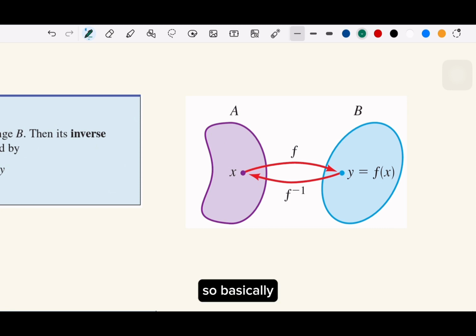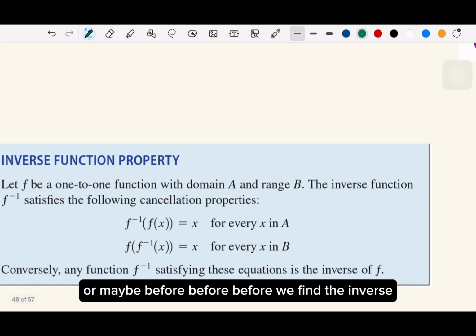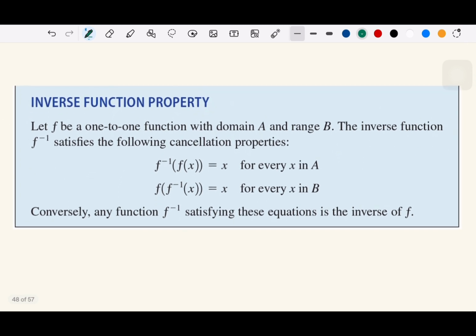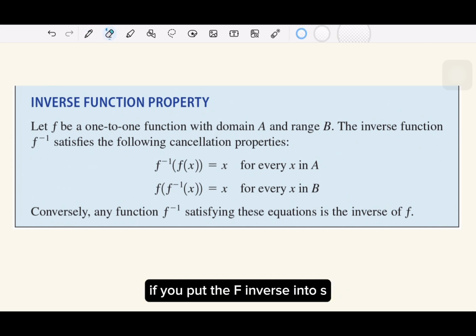Okay? So basically, how to find the inverse, or maybe before we find the inverse, every time we have an inverse and an f, if we put f of x inside the inverse, it will get you the x, as we did in the picture. If we put the f inverse into f, this is also the same, having the x.